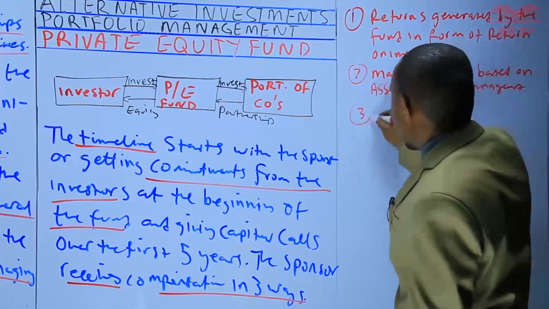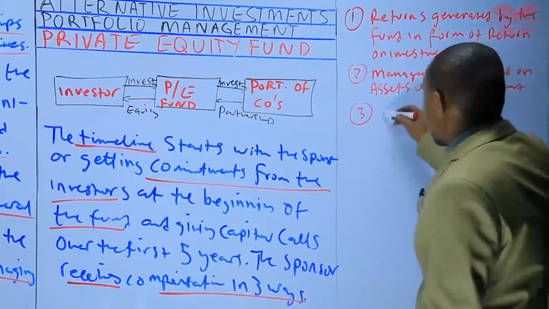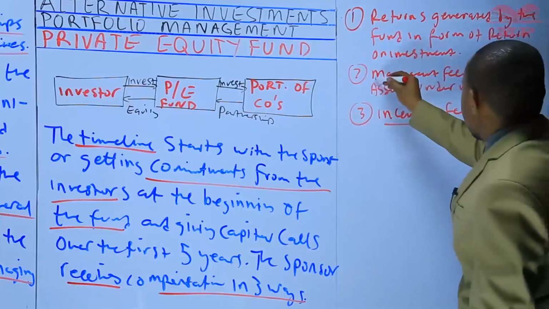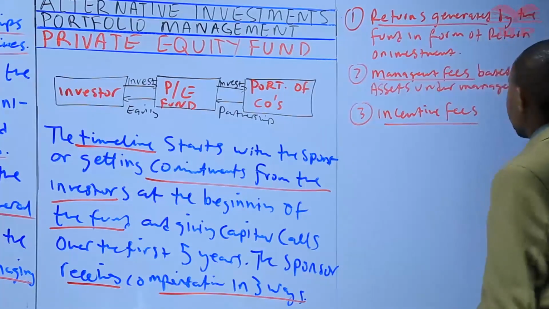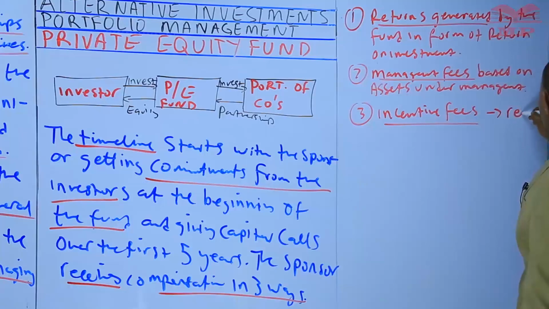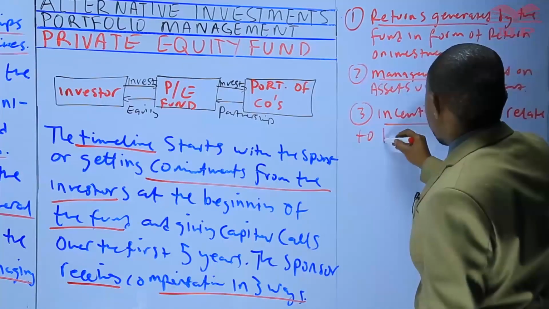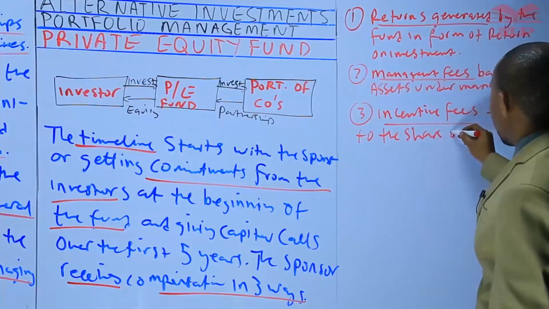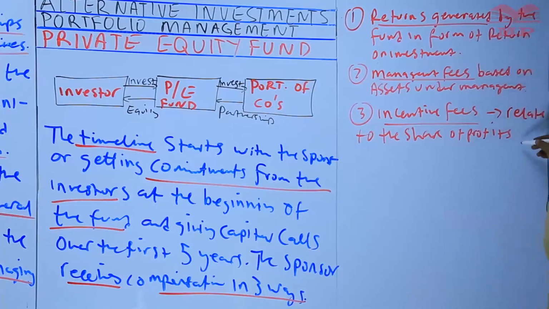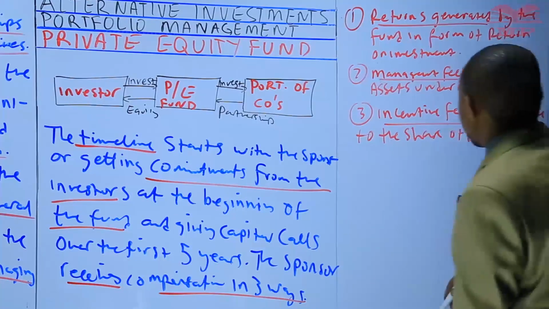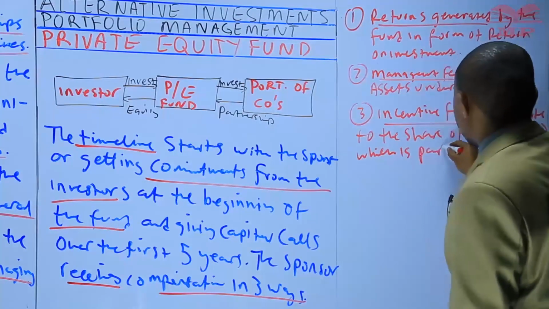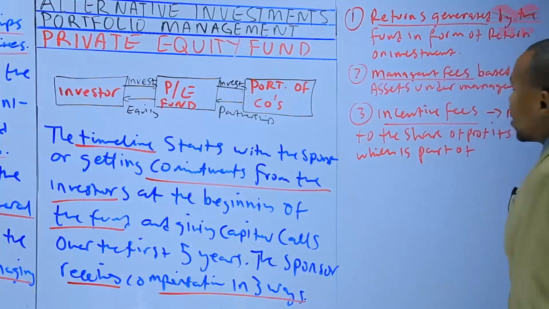Third way, guys, is incentive fees. So we are saying on incentive fees, these relate to a share of profits, usually 20%, which is paid to the managers.